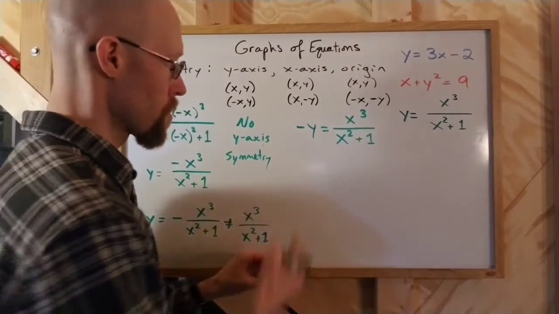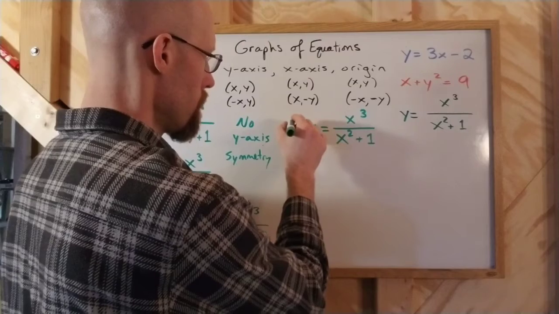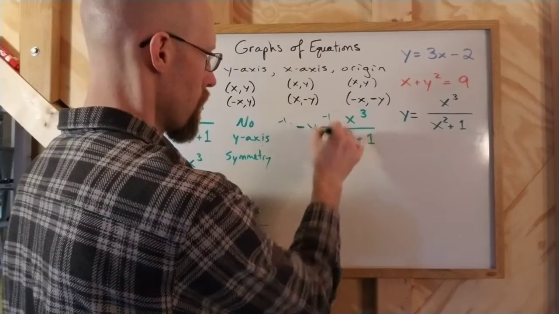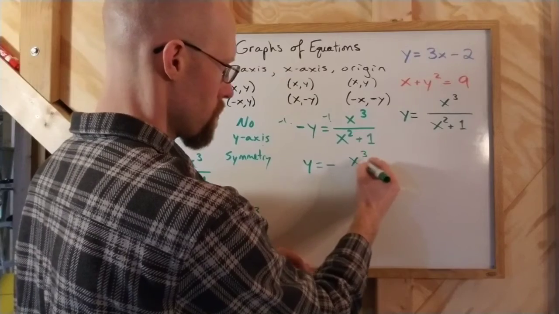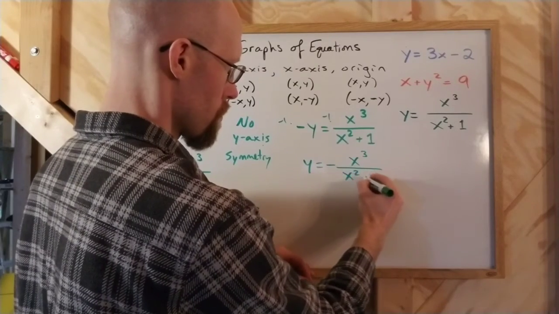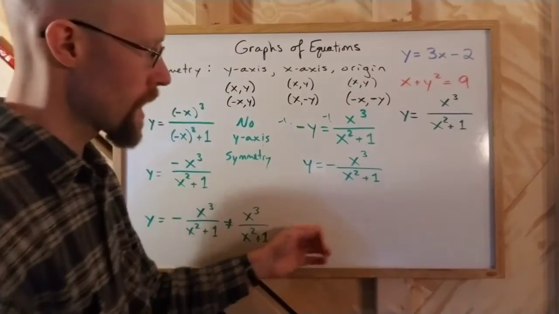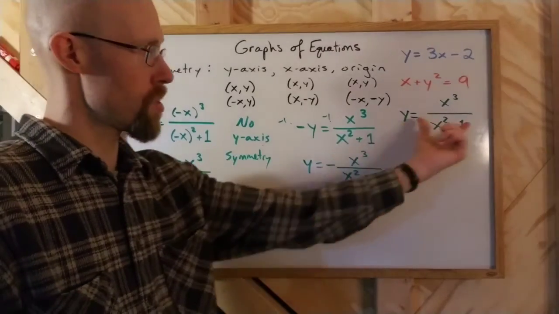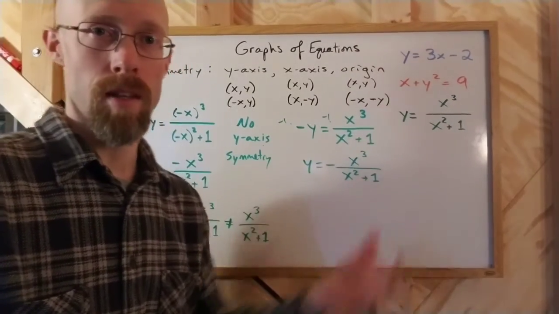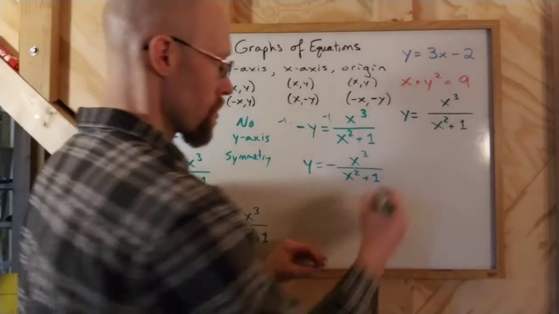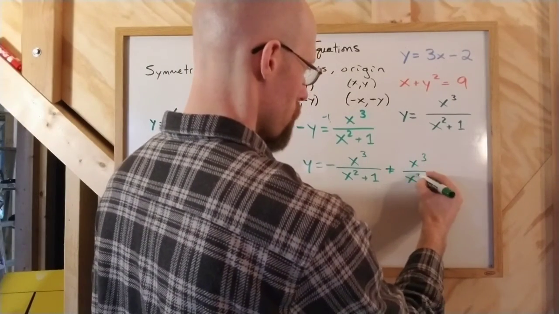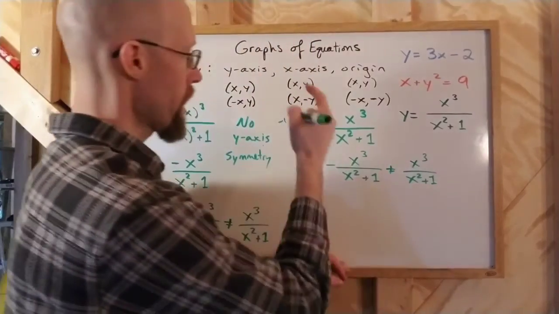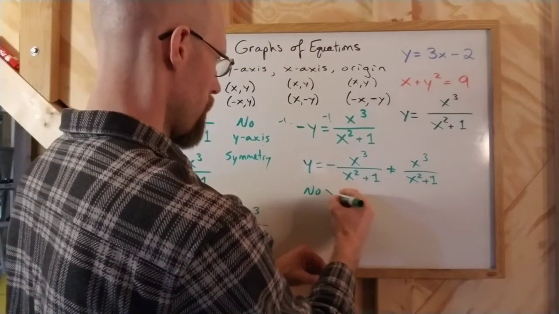So maybe I multiply both sides by a negative 1. And I get y equals negative of x cubed over x squared plus 1. Well, again, I have the opposite of the original fraction there. And so this is not equal to the original x cubed over x squared plus 1. And so there is no x-axis symmetry here.